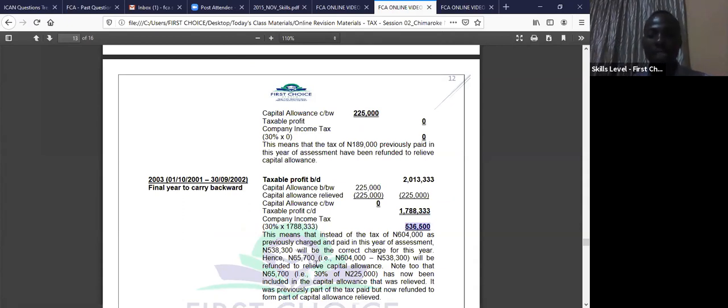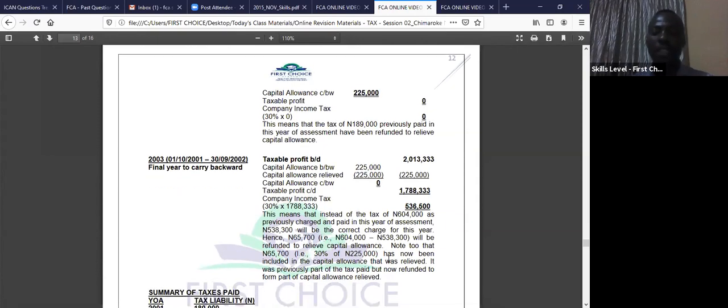That means that they will refund you 65,700. 65,700 is the tax they will refund you. There's another way of knowing it. If you look for 30% of this figure, it will give you 65,700. That will mean that this 65,700, which was the tax you previously paid, will be refunded to be used to claim capital allowance. That is what it means.